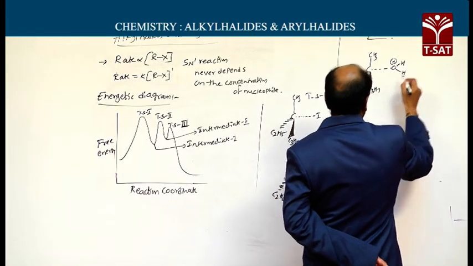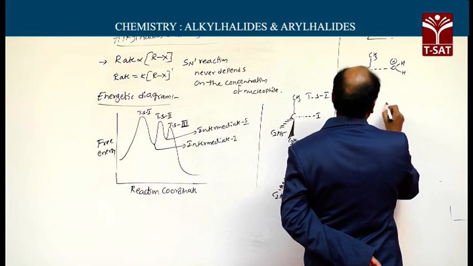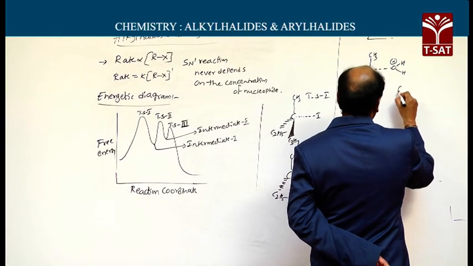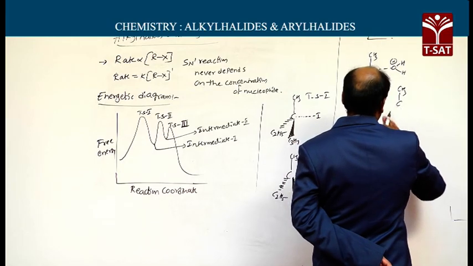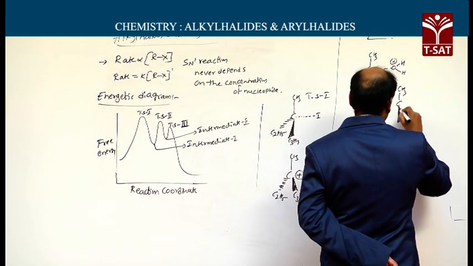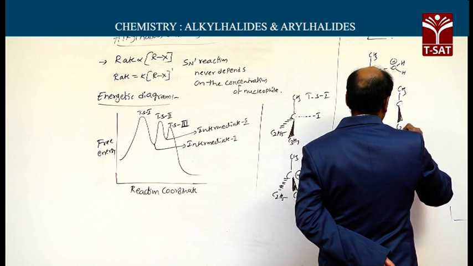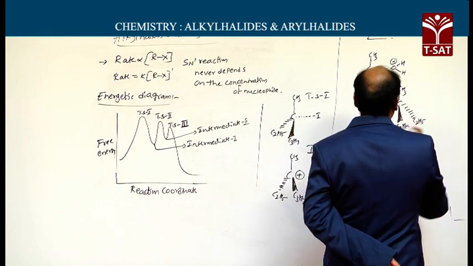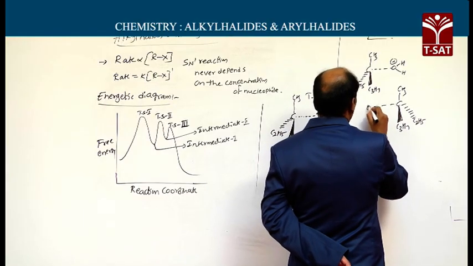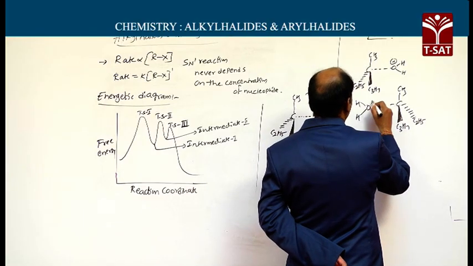We have one more transition state 2, where two compounds may be formed. This is C3H7, with C2H5 at the backside, and here this is OH. This is transition state 2.